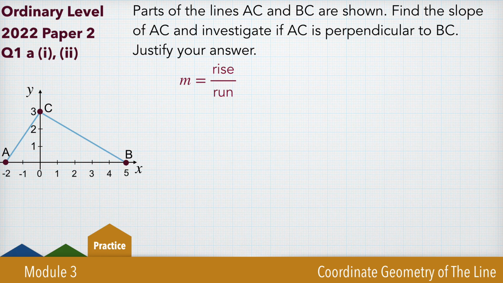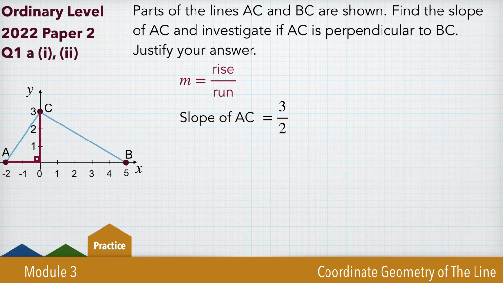We start by finding the slope of AC. In the right angle triangle formed by the x-axis and y-axis, with AC as the hypotenuse, we can see that the rise is 3 and the run is 2. This gives us a slope of 3/2.